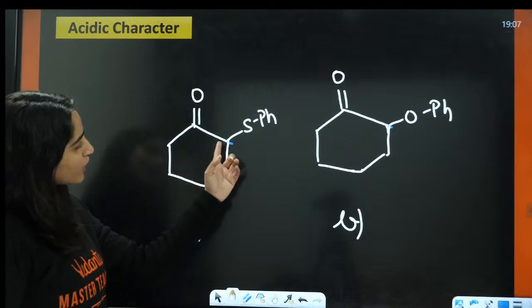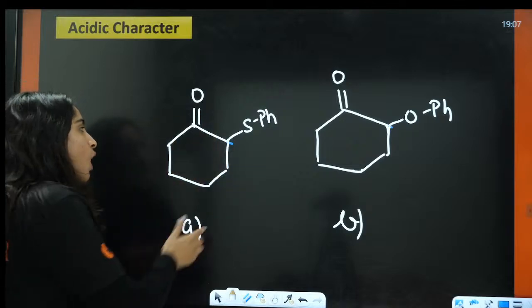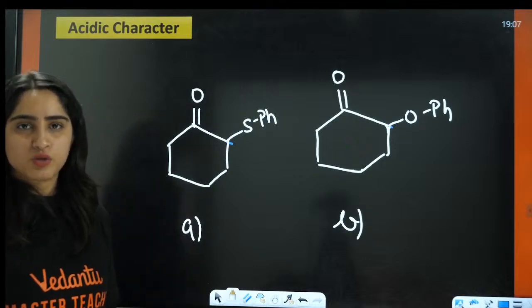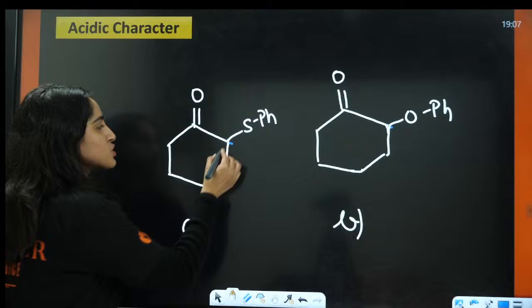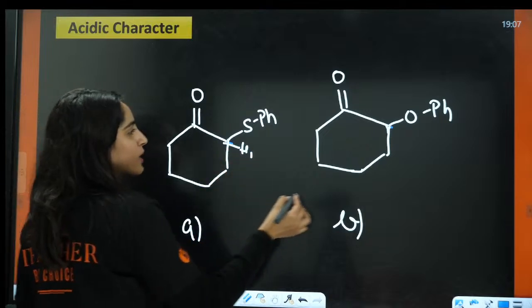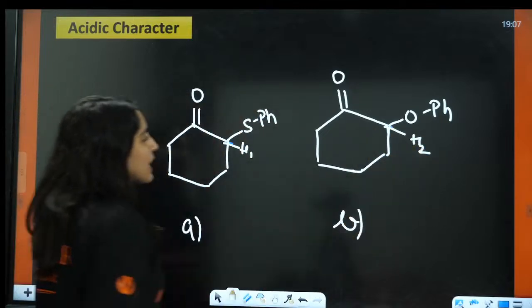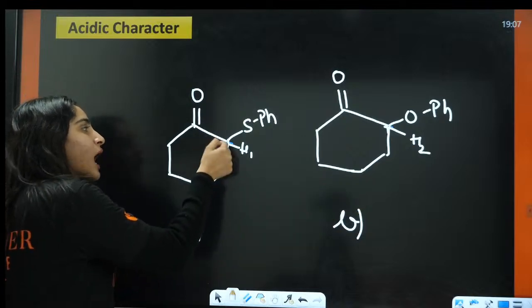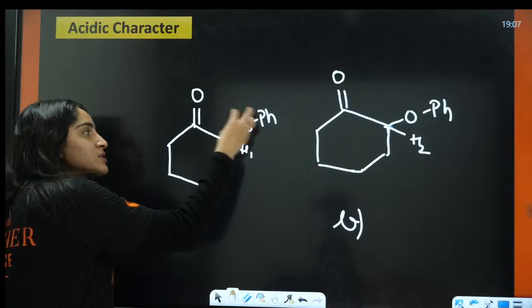The hydrogen they are talking about is this hydrogen, because all the other hydrogens are just the same, the CH2, CH2, CH2 group. Let us call this hydrogen number 1 and this hydrogen number 2. This one is attached to a carbon which is further attached to a sulfur.